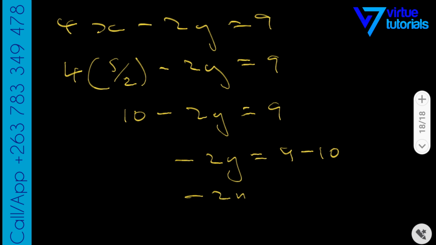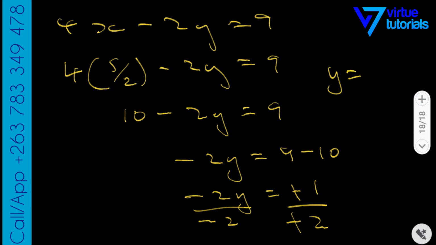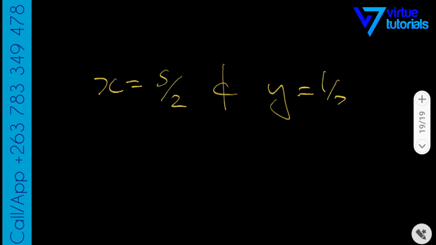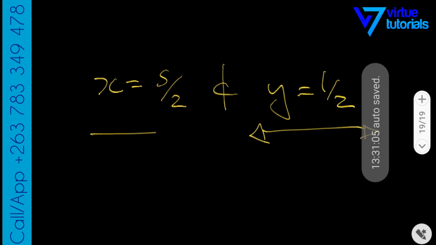And then minus 2y is equal to minus 1. Divide both sides by minus 2. The minuses cancel off. You get your y is equal to 1/2. Right? So again, you found your answers, right? X is equal to 5 over 2 and y is equal to 1/2. You've done that with the substitution method.